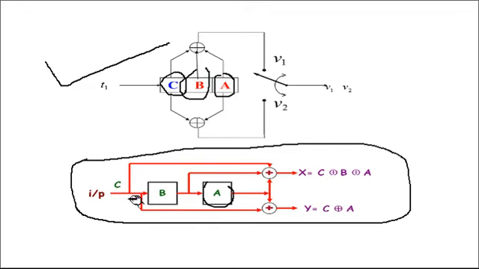This adder accepts the input from C, B and A, and this corresponds to V1. Next, to determine the second output bit, V2 or Y, it is taken from C and A, which are added over here, and the output bit V2 is considered. This is how the two output bits V1 and V2 are produced for a single input bit.